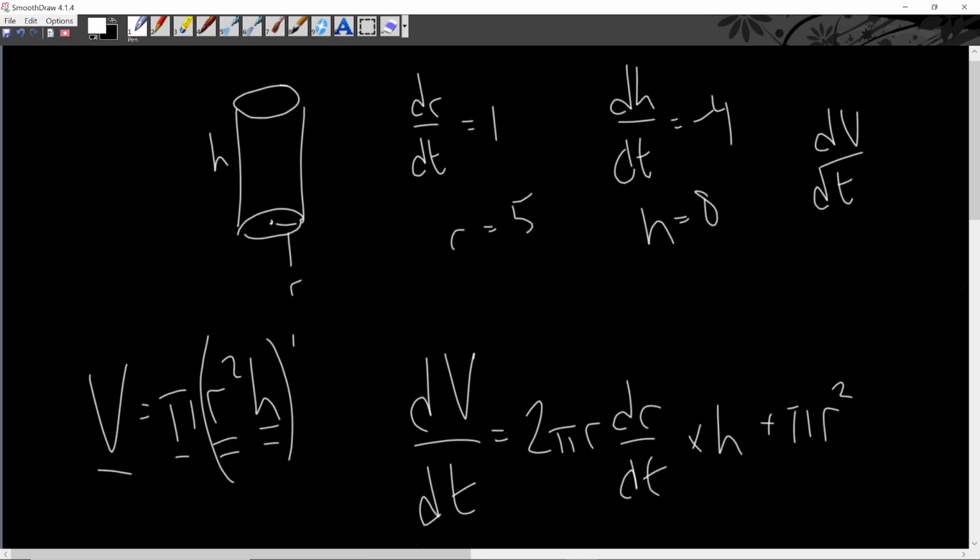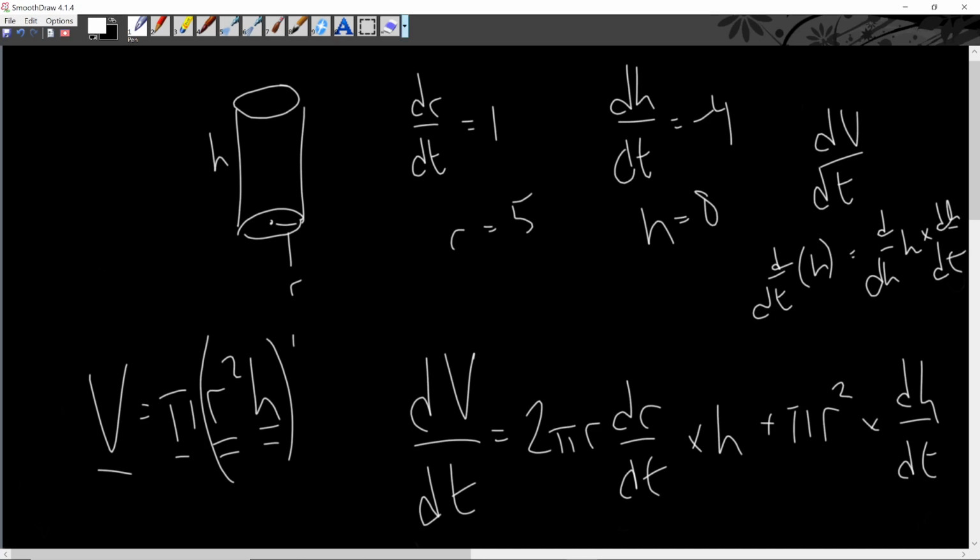The derivative of x with respect to x is 1, so the derivative of h with respect to h is 1, but we still have to multiply by that dh/dt. Remember, this is just d/dt of h is equal to d/dh of h times dh/dt. I know you're getting a little bit sick of me saying this over and over, but it is important to remember.